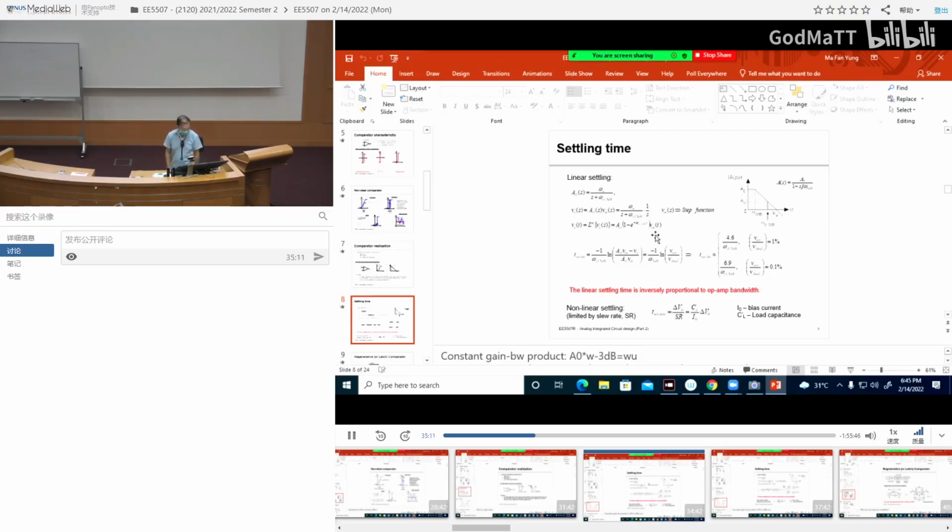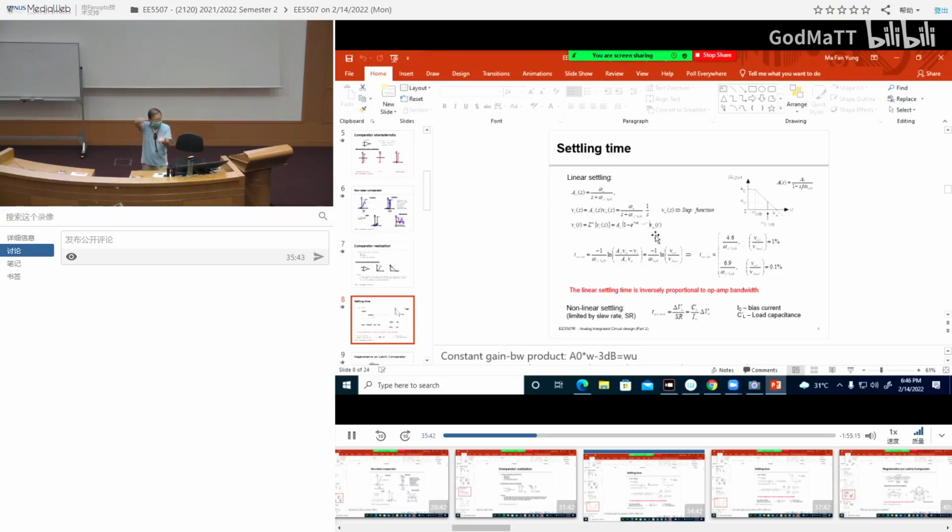Your input is a single step, but the output cannot follow like that, because you have finite bandwidth, finite slew rate, so it will be like this. This is 1 minus e to the power of minus alpha t. This is the exponential rising.